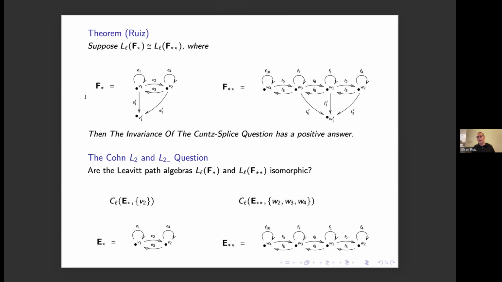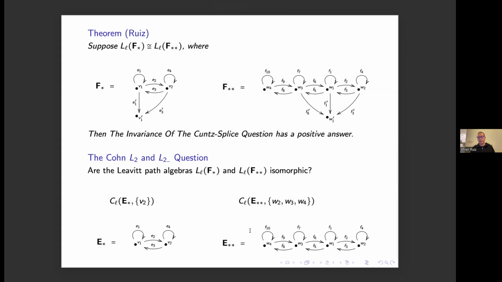Okay, so this is what I call the cone L2 and L2 minus question. The reason I call it that is because these graphs actually come from these relative cone path algebras, where the Cuntz-Krieger relation, CK relation, is imposed only on the vertices V2, V3, and V4.